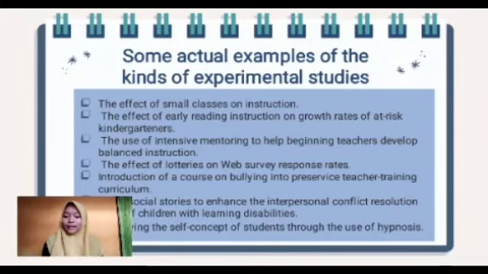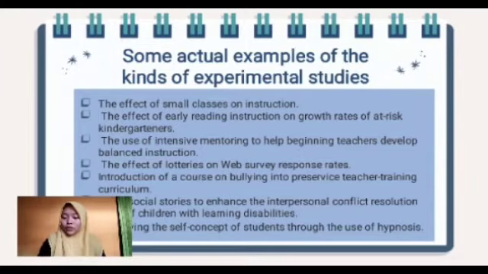And next, some actual examples of the kinds of experimental studies. Here are examples that use experimental studies. The first one is the effect of small classes on instruction, the effect of early reading instruction on growth rates of at-risk kindergarteners, and the use of intensive mentoring to help beginning teachers develop balanced instruction.